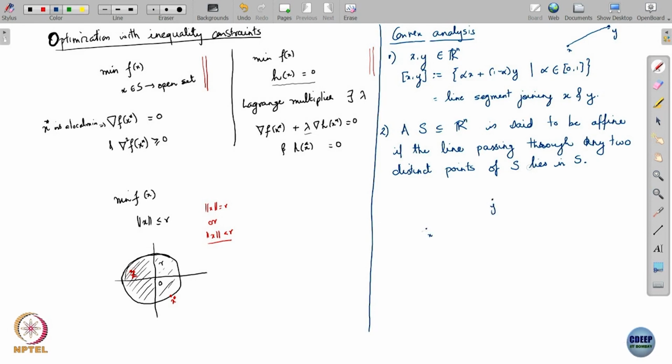These are points in S. You look at the line that passes through them.